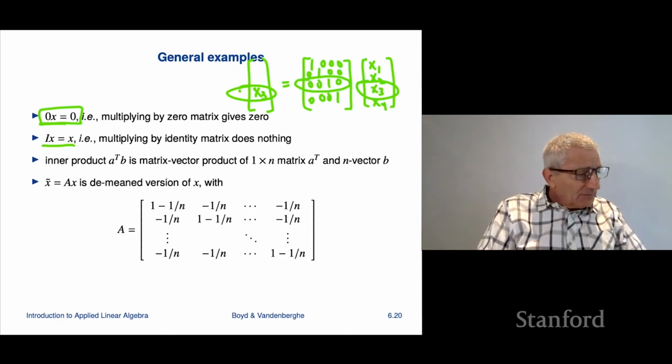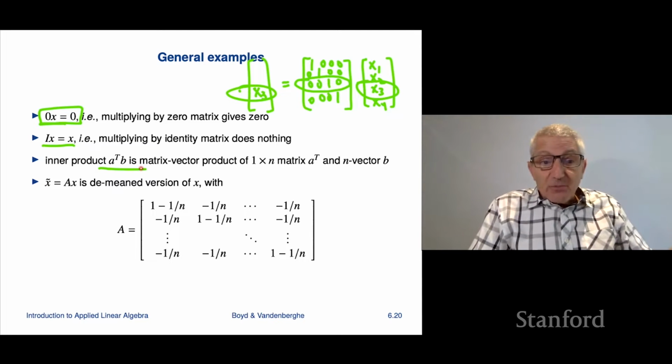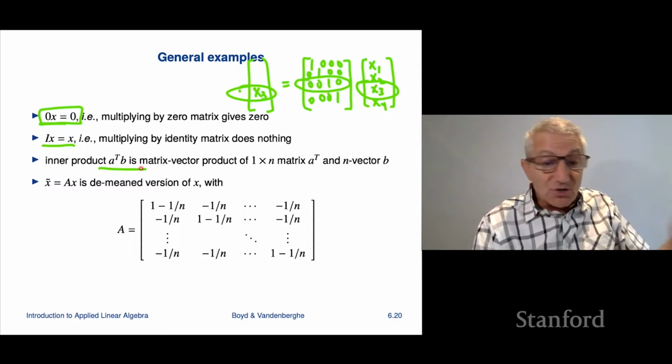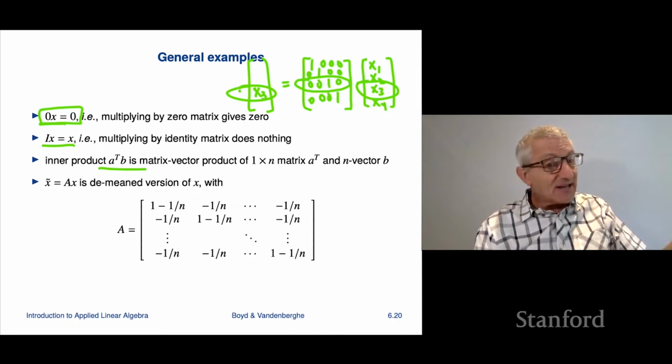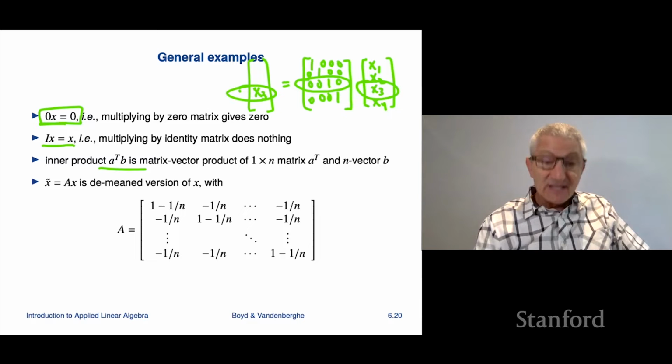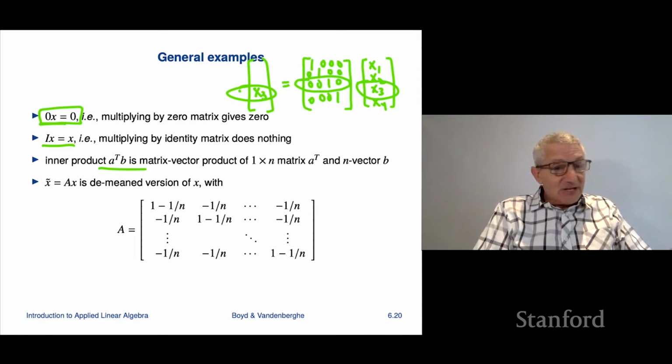Okay, all right. Now, the inner product, from part 1 of the course on vectors. We wrote it as A transpose B. As I said last time, I misspoke on a number of occasions and accidentally referred to it as A transpose B before I had defined what a transpose was.